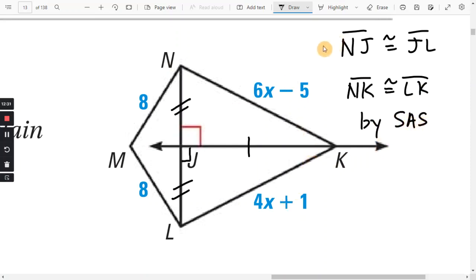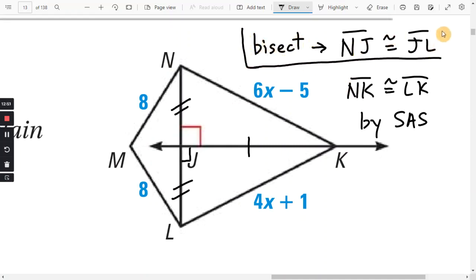And these two here, it's just because of the definition of bisect. We said this was a perpendicular bisector. Bisect means to cut in half. So that's how we know those are congruent. One of them is because it's bisected, and the other one is because of side angle side.